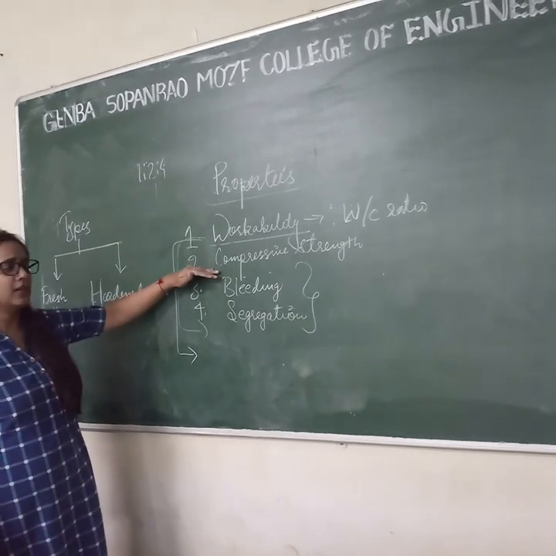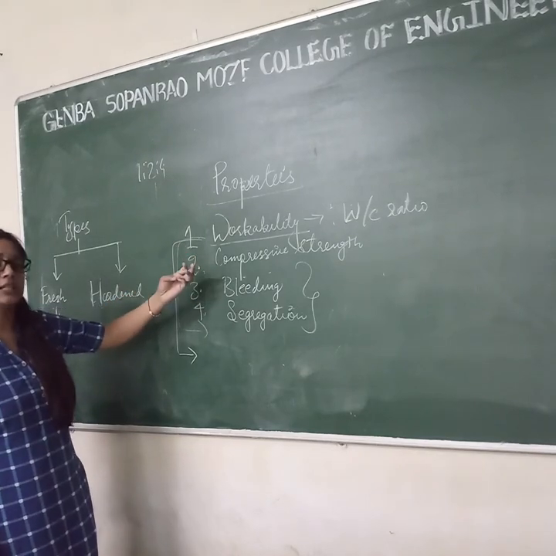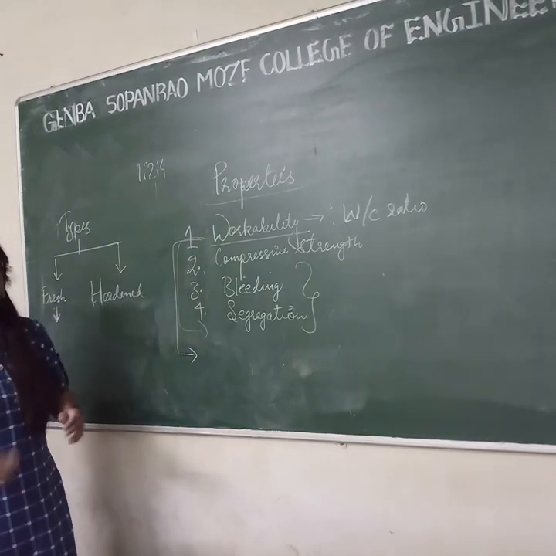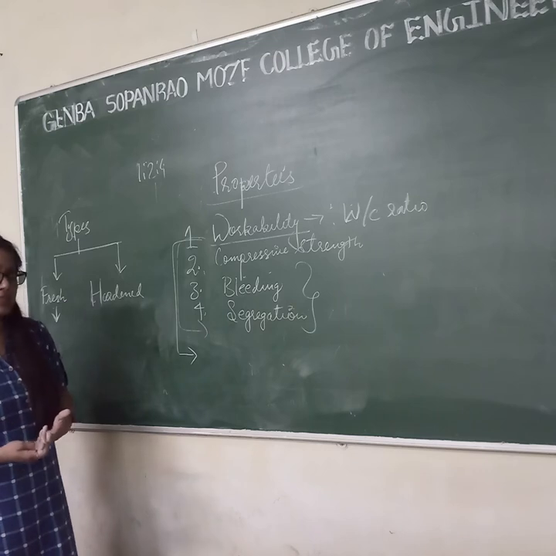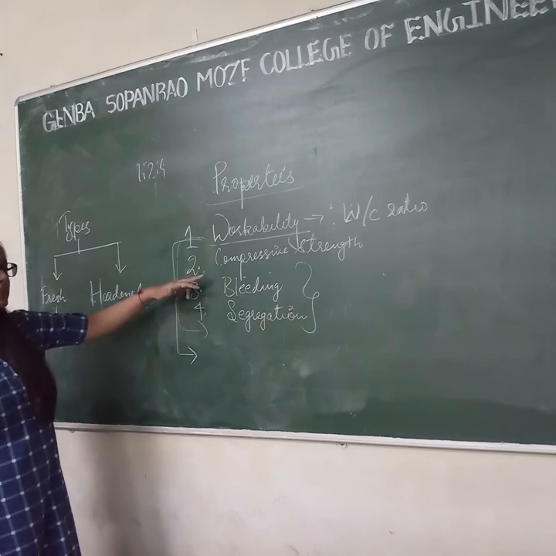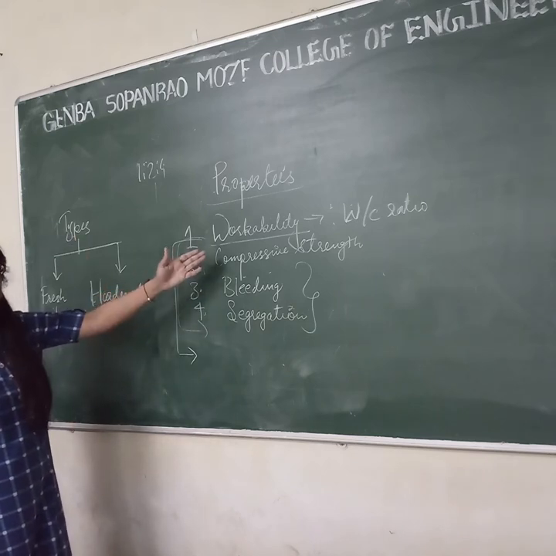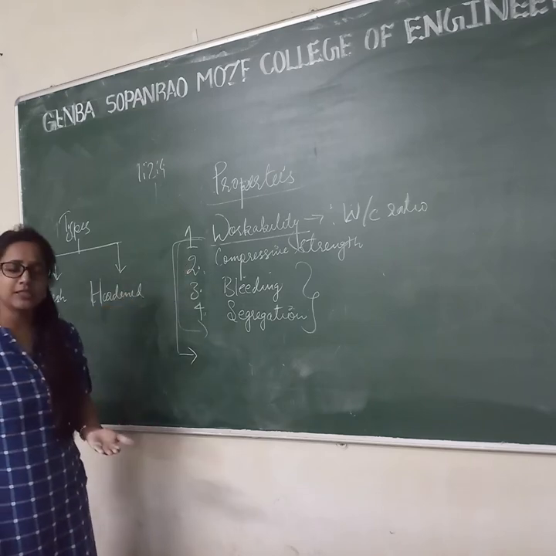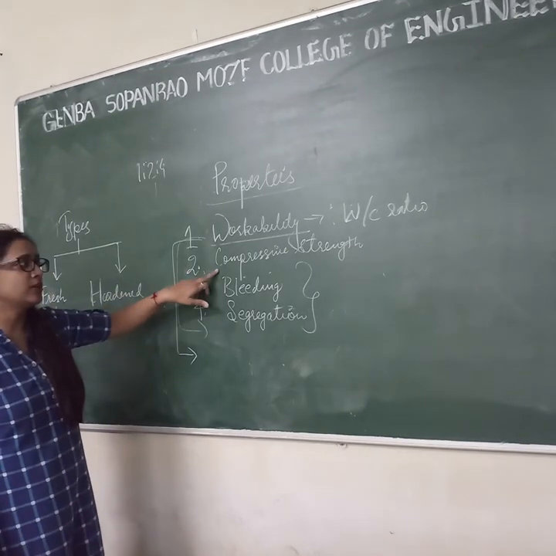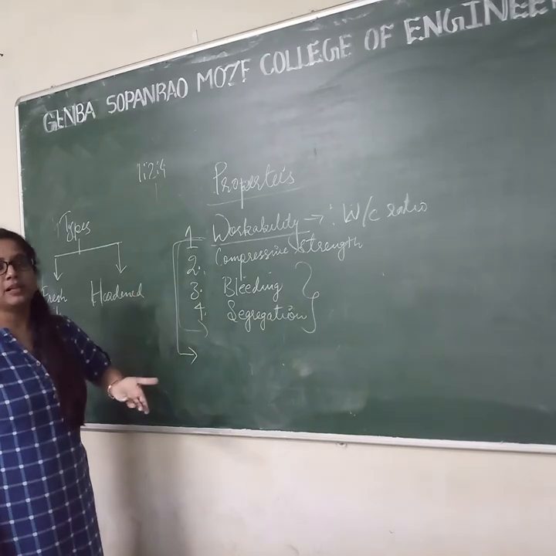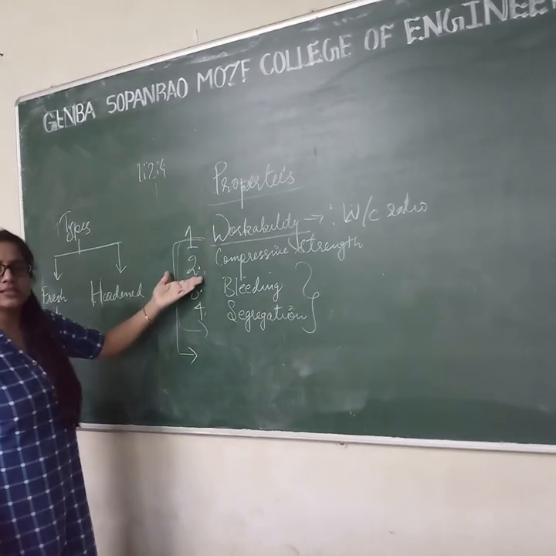You can keep them for 3 days, 7 days, 21 days, 28 days for curing. Then after curing, you can take the test by that machine, and from the CTM you will get to know the compressive strength in Newton per mm square. So this is compressive strength.